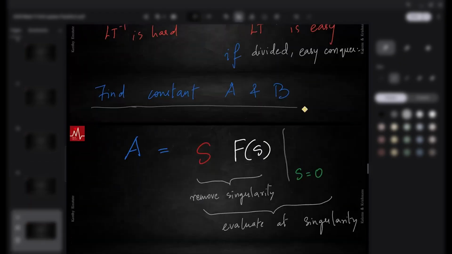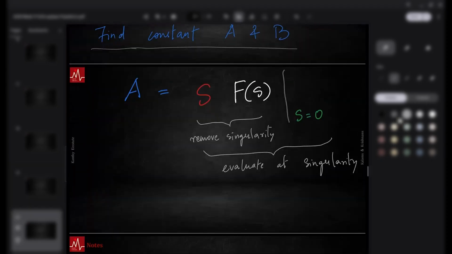Take this function f of s. Remove the singularity. Now evaluate it. Now we can substitute s is 0.